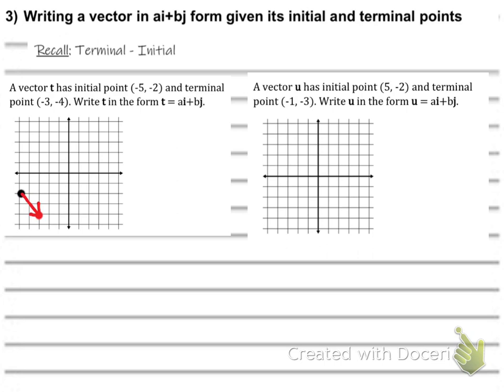So we could say that vector t is, for the horizontal component, doing terminal minus initial, -3 minus -5i, plus terminal minus initial for the vertical component is going to be -4 minus -2j.